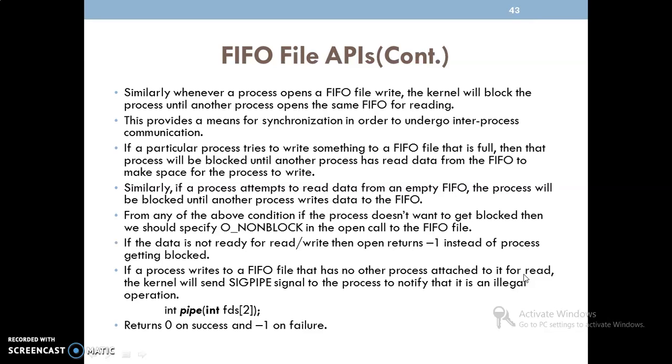Which means that if process A wants to write data to a FIFO file, but that FIFO file is currently full, then process A will be blocked until another process, say process B, starts reading the contents of the FIFO file. Once there is some space available, then process A will start feeding the data to the FIFO.